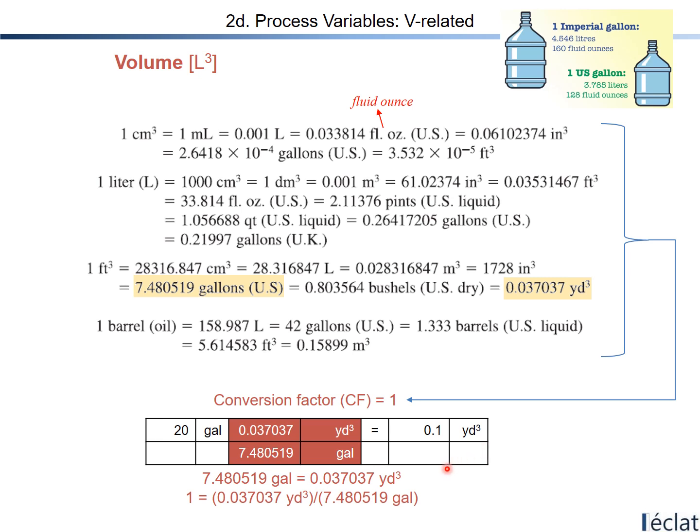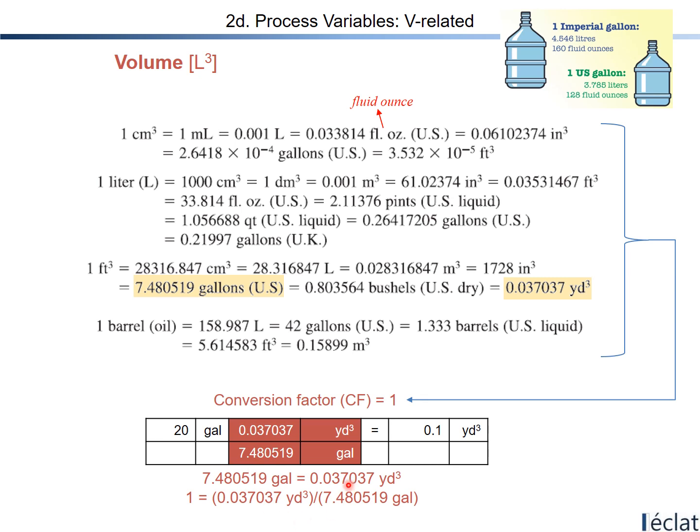I'd like to emphasize again the conversion factor. Conversion factor should be 1. So we have used this equal relationship. This value gallon is equal to this value cubic yard. You should think about the unit, and then let me replace this value with unit into the right hand side of the equation.